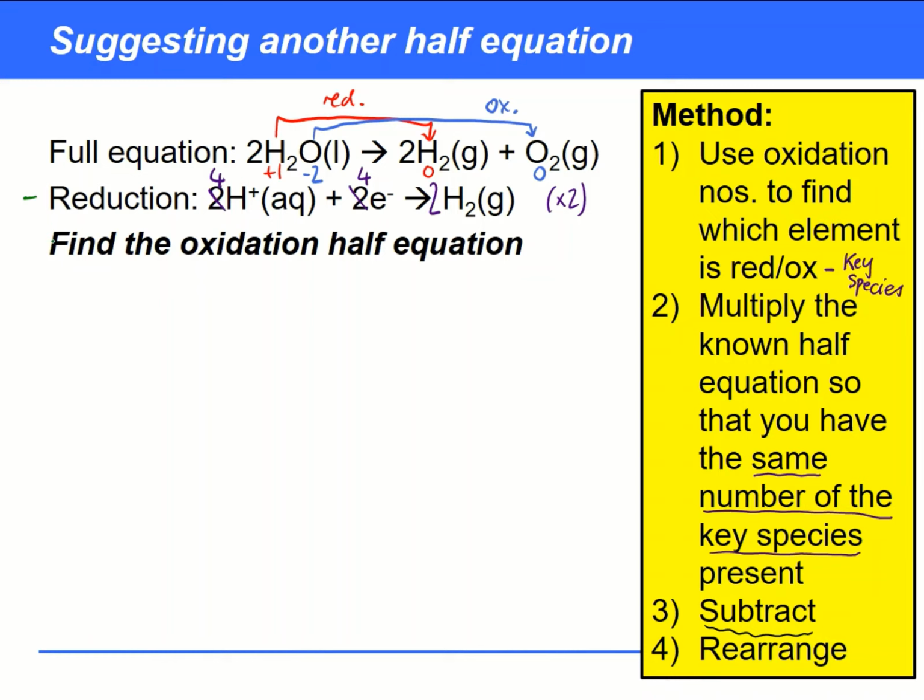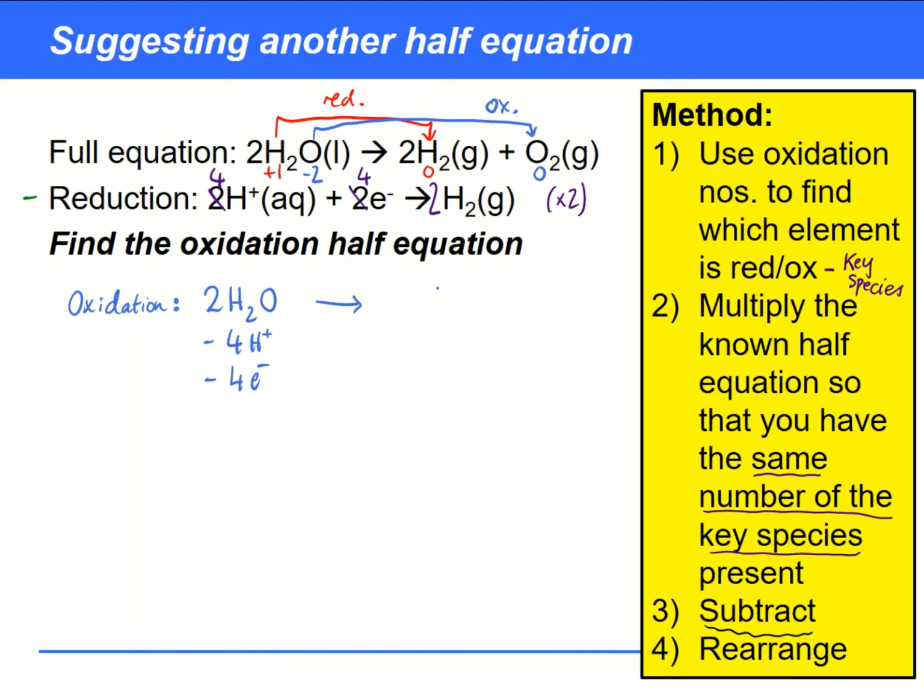We're going to do the full equation minus the reduction equation in order to get the oxidation half equation. So we've got 2H2O up on the top, and then we're going to have to take away 4 H pluses. We've got 4 electrons to subtract over here as well. Then we've got to get rid of 2 hydrogens.